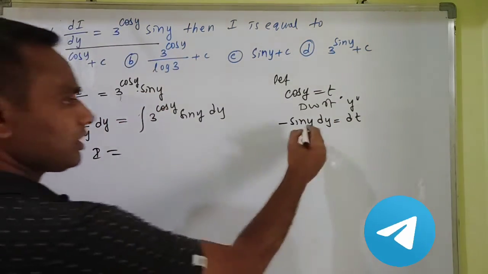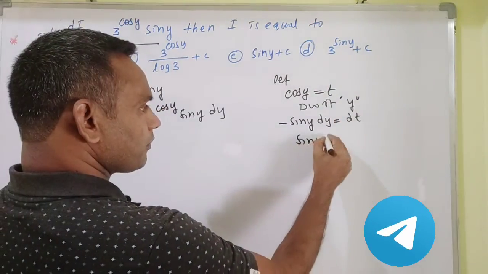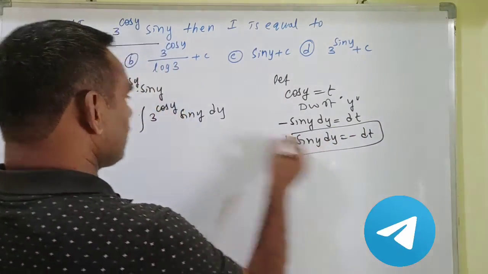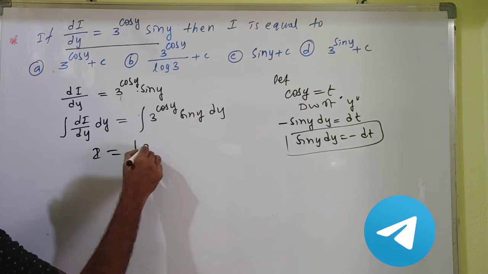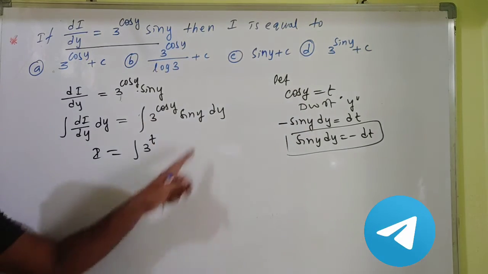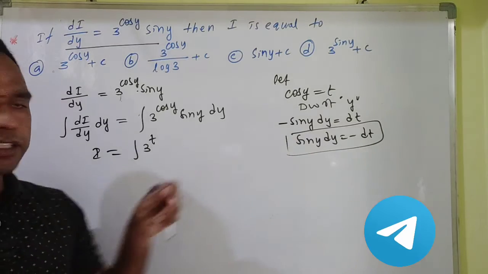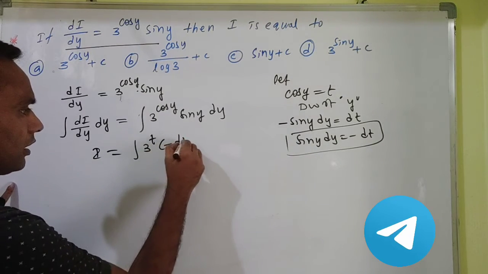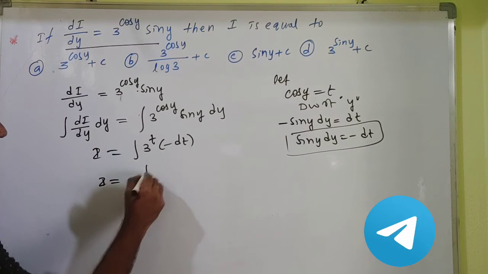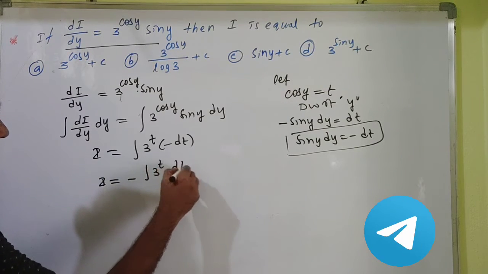The derivative of cos y is minus sin y, so minus sin y dy is equal to dt, that is, sin y dy is equal to minus dt. Now 3 to the power of cos y is 3 to the power of t, and sin y dy is minus dt. So I is equal to minus the integration of 3 to the power of t dt.